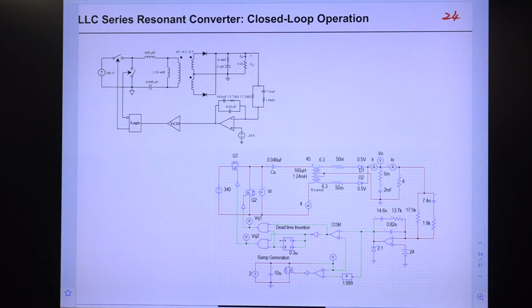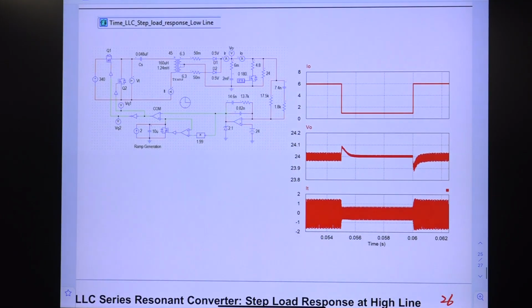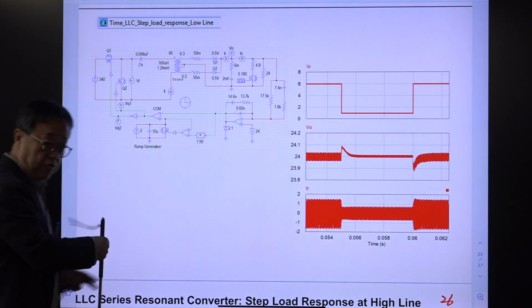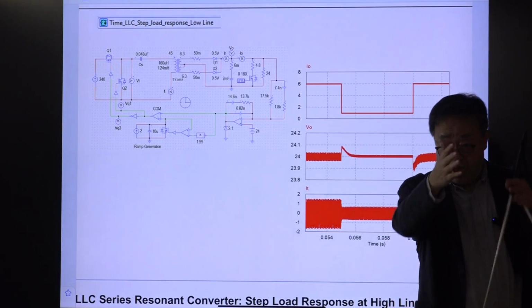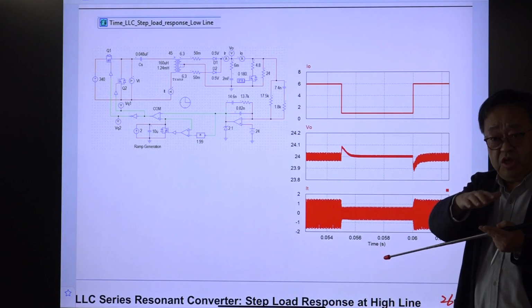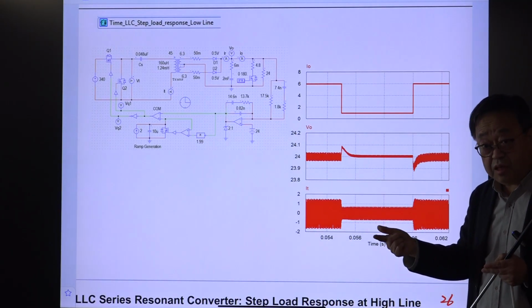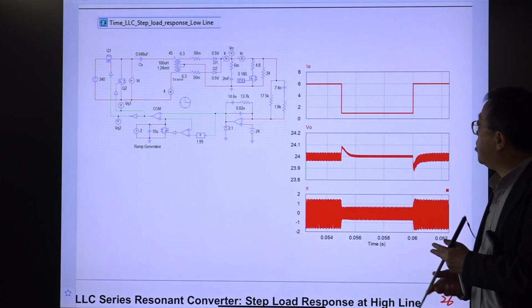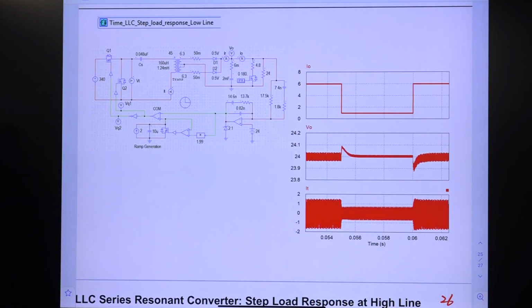And with this, I did a step transient response simulation at low line. Low line means the input voltage was low. This was the practical application for a planar LCD TV, and the range of the input voltage is huge. In front of that, they have the PFC circuit, with some consideration of disturbance in the line.